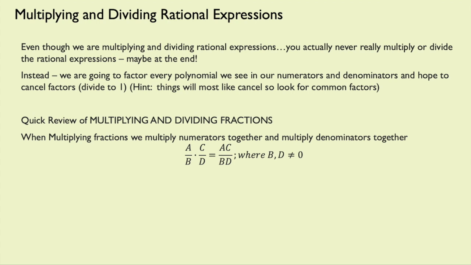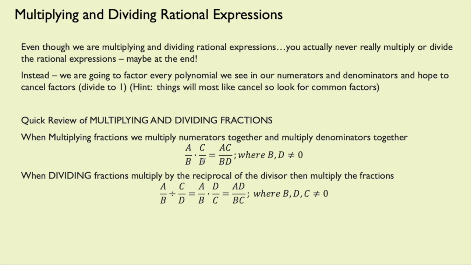Going back to those excluded values, that would cause a 0 in our denominator, and we know we cannot divide by 0. If there are any common factors of A and D, or of C and B, I would simplify before multiplying it out. Okay, but again, multiply across the numerator and multiply across the denominator.